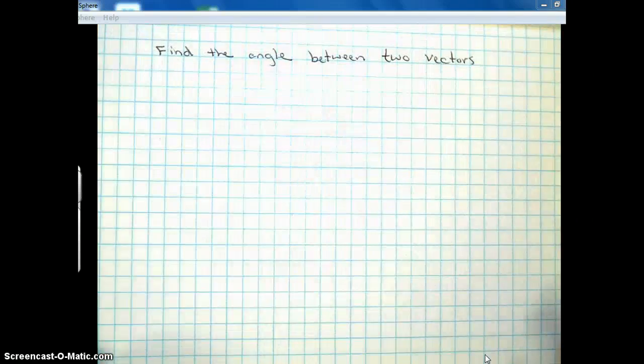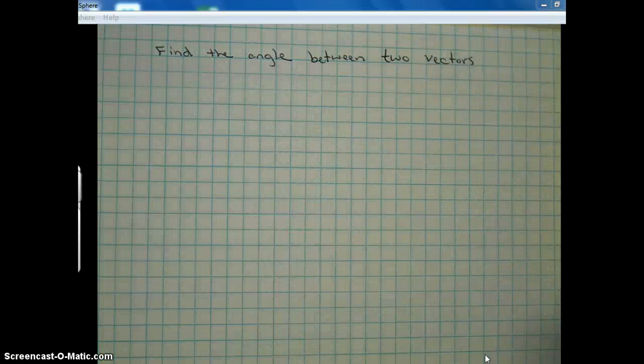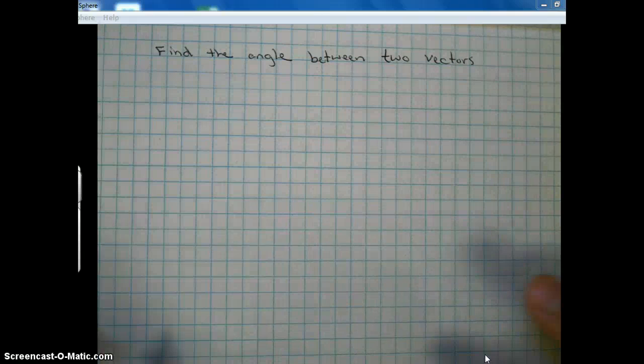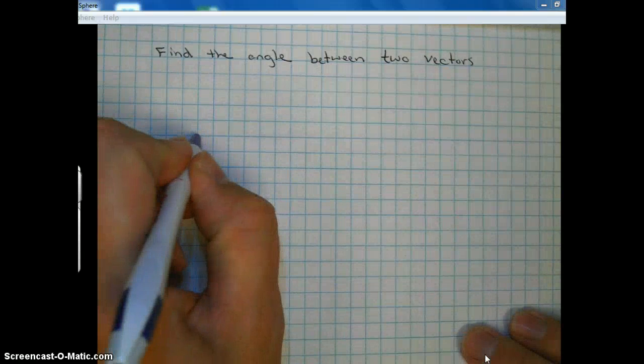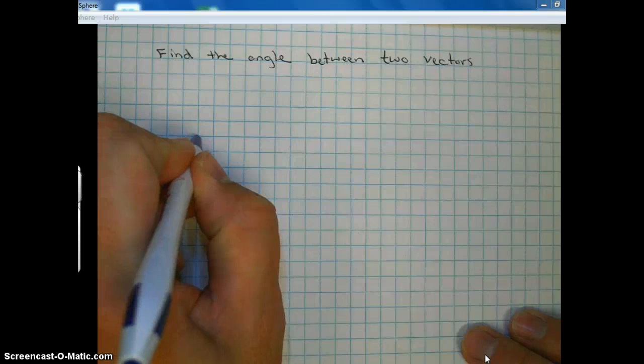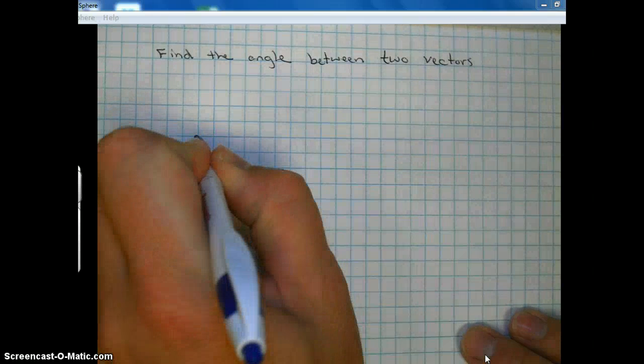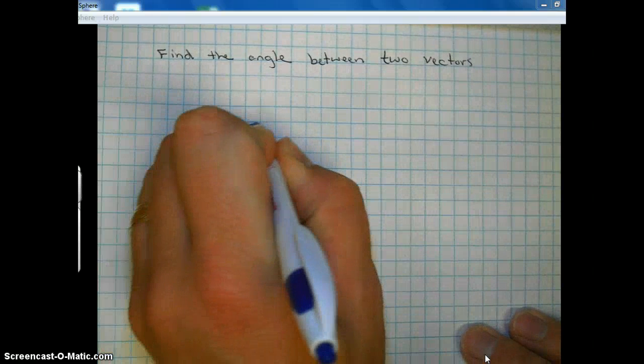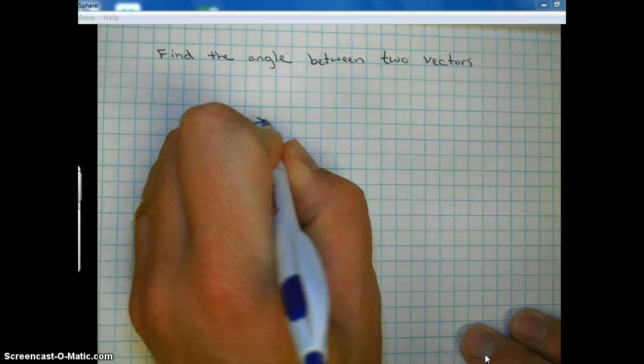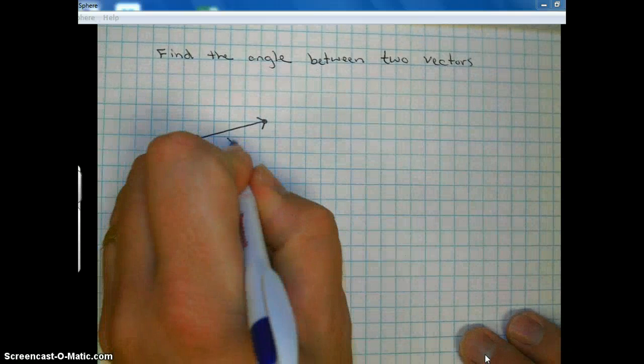The next thing we're going to look at is finding the angle between two vectors. So for example, if I have vector v, and it goes something like this. We'll call that vector v.